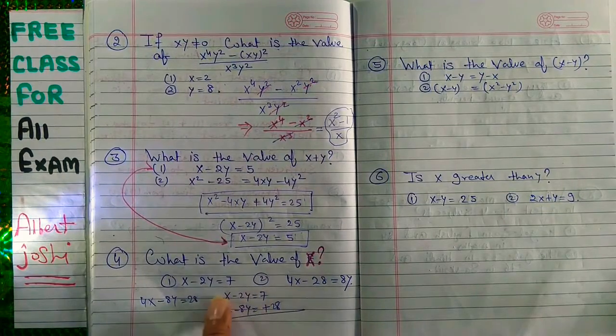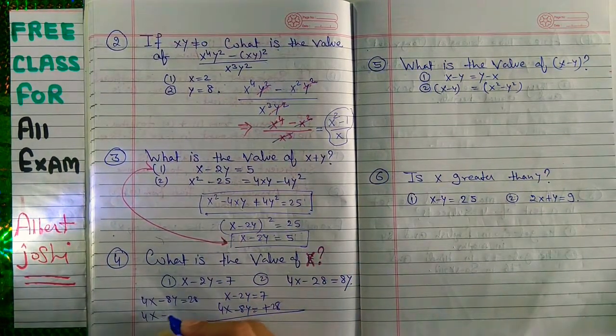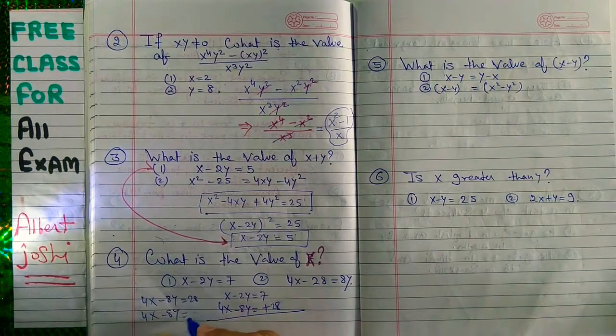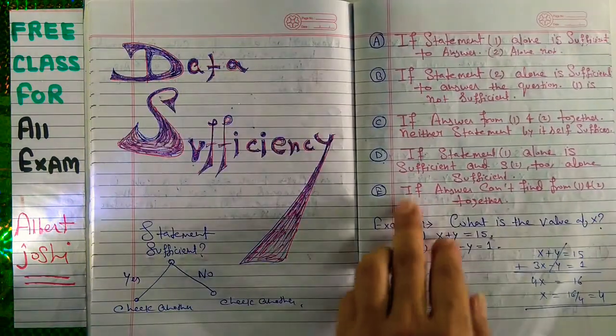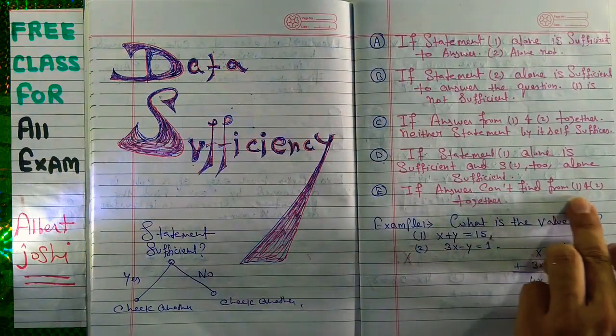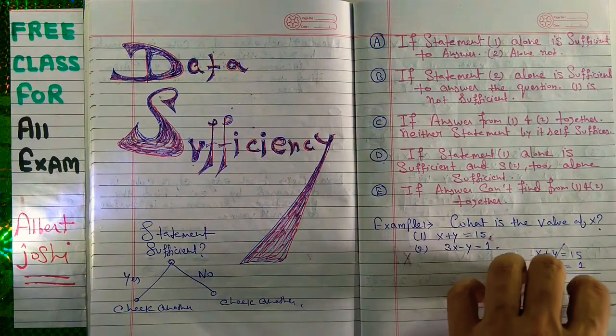You multiply LHS and RHS, and here also the other equation is 4x minus 8y is equal to 28, but both are the same. After multiplication both are the same, so it is not possible to find the value of x. That is impossible. In this condition you will say that this answer cannot be found from the first and second statements together. I think you understand.